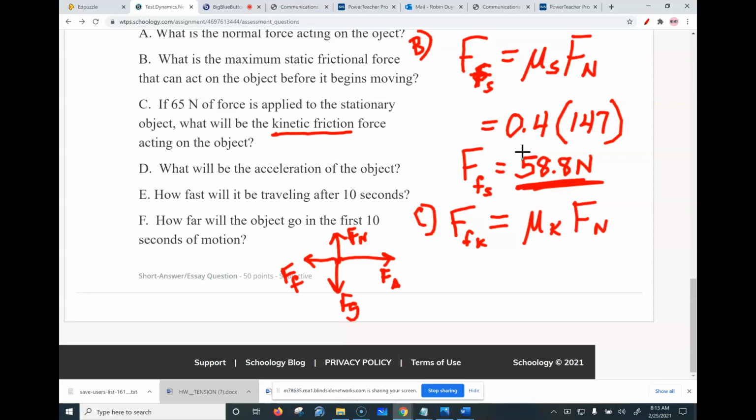Because remember, those equations are almost identical. The only thing that's different is the mu. And my mu here was 0.3 times 147. And the frictional force has gone down to 44.1 newtons.